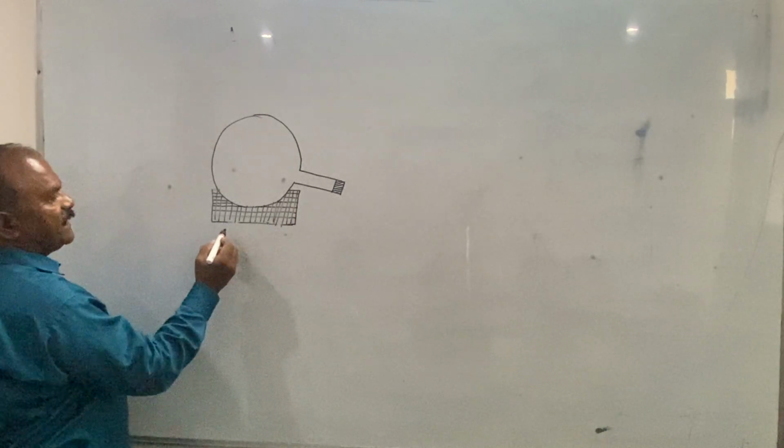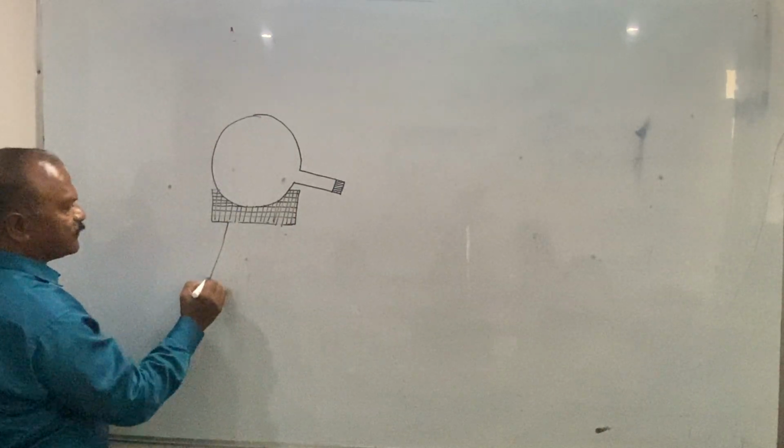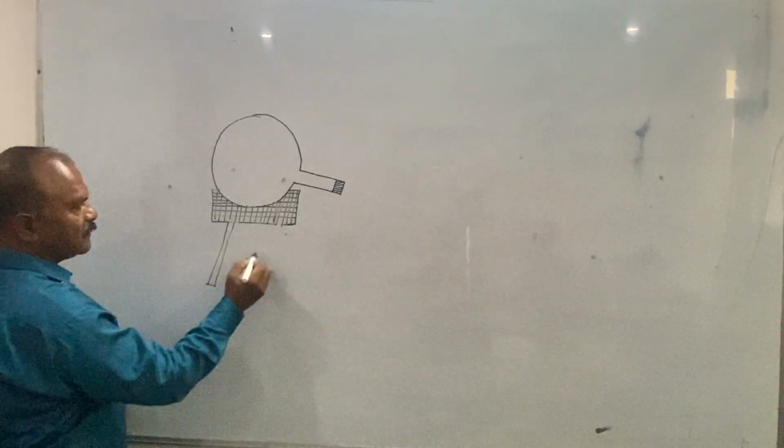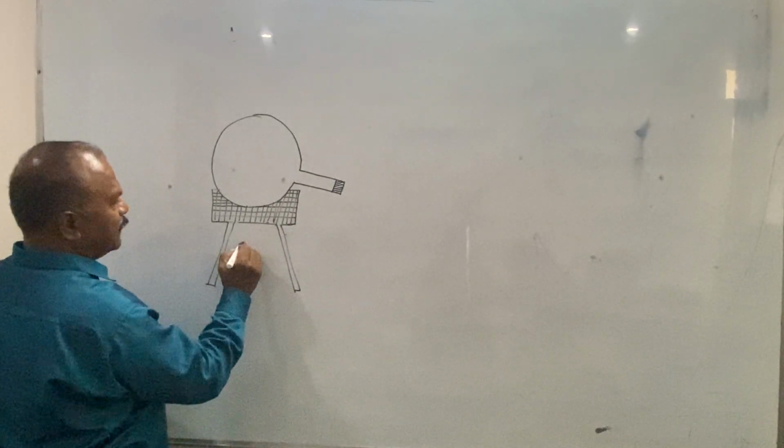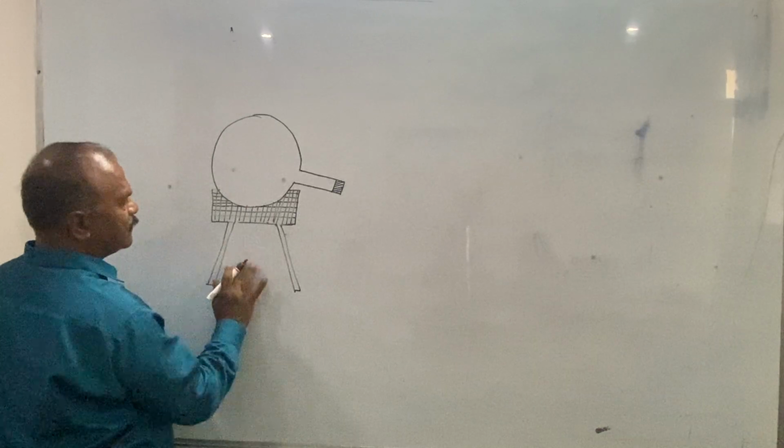This is the wire gauze. This is your tripod stand. And here is a Bunsen burner.